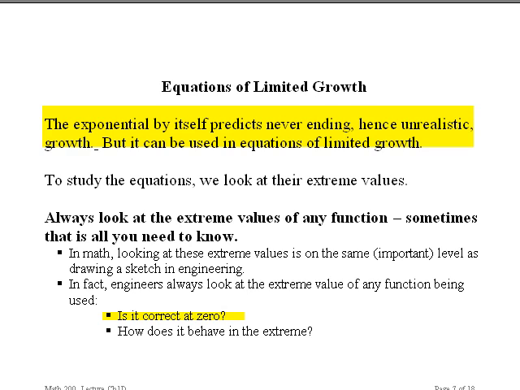This is how you look at a function in terms of its extreme values. In math, this is the equivalent of the engineering sketch. And engineers also always look at the extreme values of any function. Is it correct at 0? Does it behave correctly at the start? Will it predict realistic values at the extreme values of the independent variable?